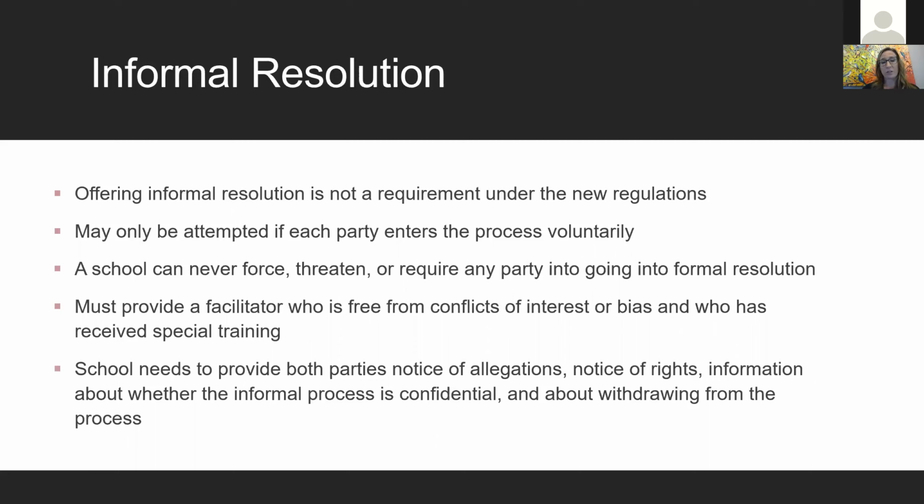Both parties have to enter it voluntarily, so you can't force them to do this. You have to have a facilitator, again, who has no conflict of interest or bias. And then you need to provide them with the allegations, the notice, and information about whether the informal process is confidential and about withdrawing from the process, because they can file a formal complaint at any time.